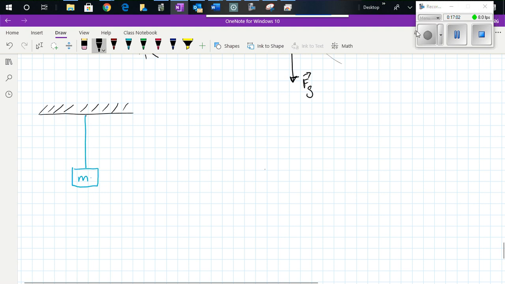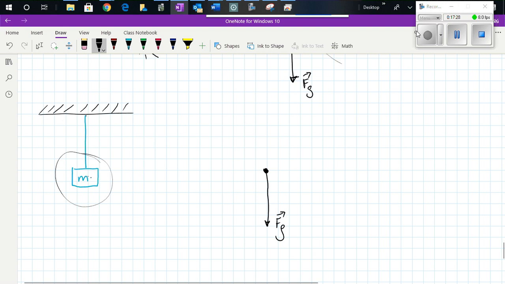So we'll start with the object of our interest. This object here has a mass. Since it has a mass, and always will have a mass, it is experiencing a force of gravity that is going toward the center of the earth, starting from the object.